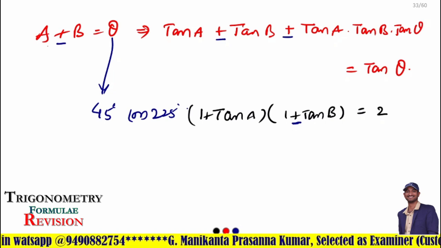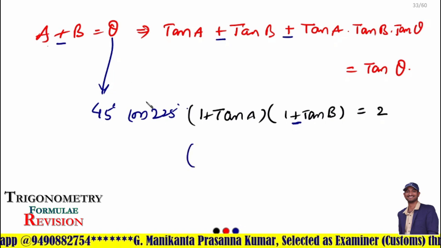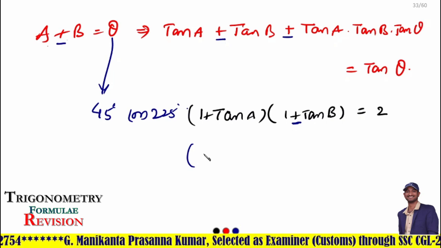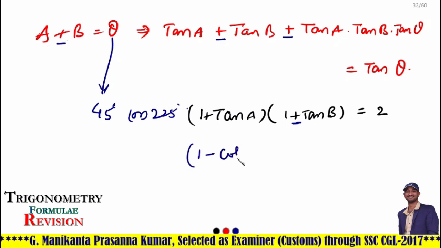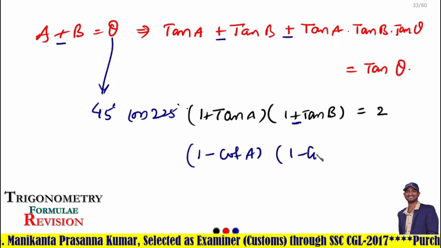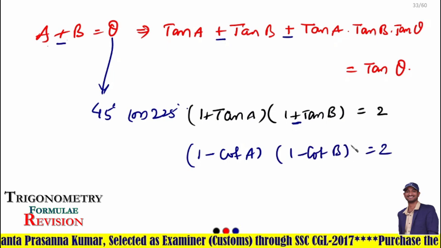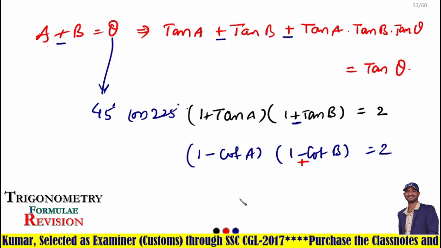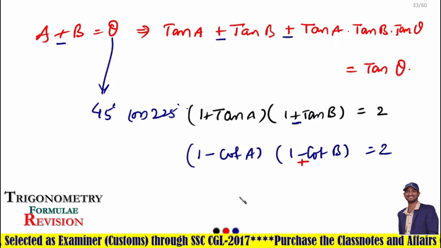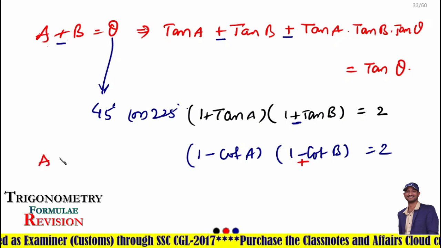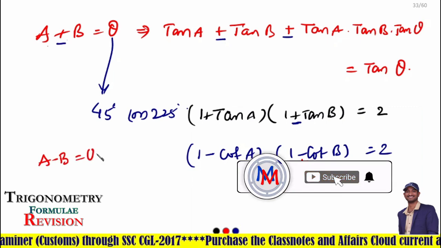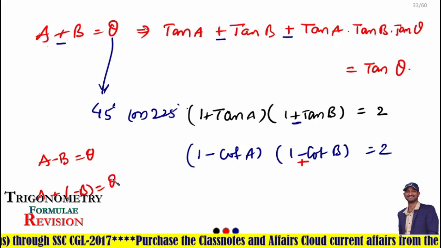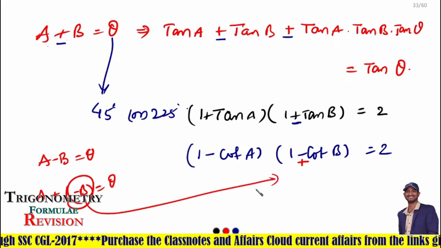Okay. Next, if the difference or sum of the angles is theta or 45 degrees, then there is a particular formula in cots, that is 1 minus cot A into 1 minus cot B is 2. If the difference is 45, then you have to write down here plus. Okay, A minus B is theta, then it is nothing but A plus minus B is theta. So in place of B you have to write down minus B, that's it.